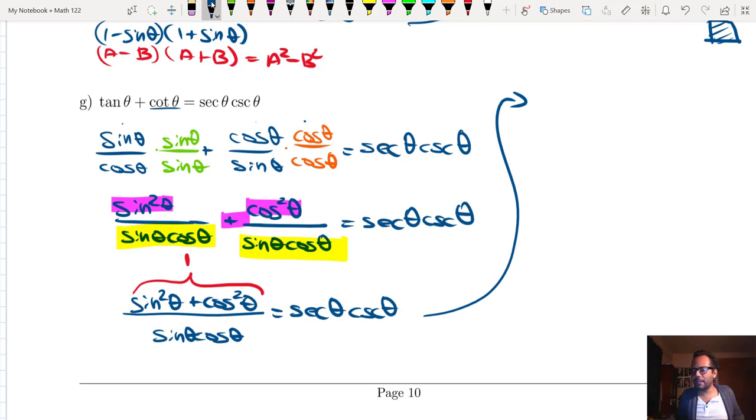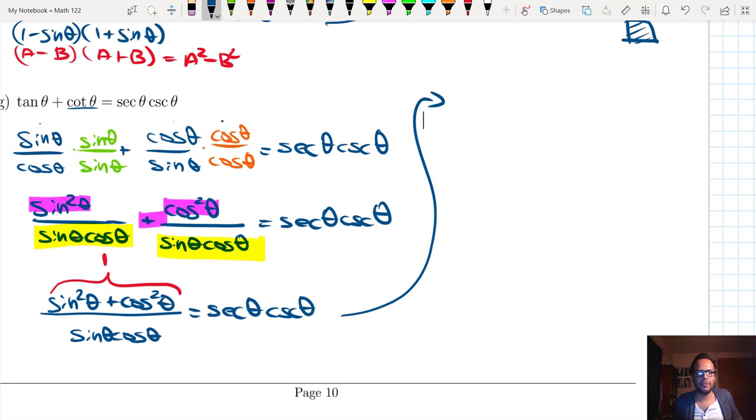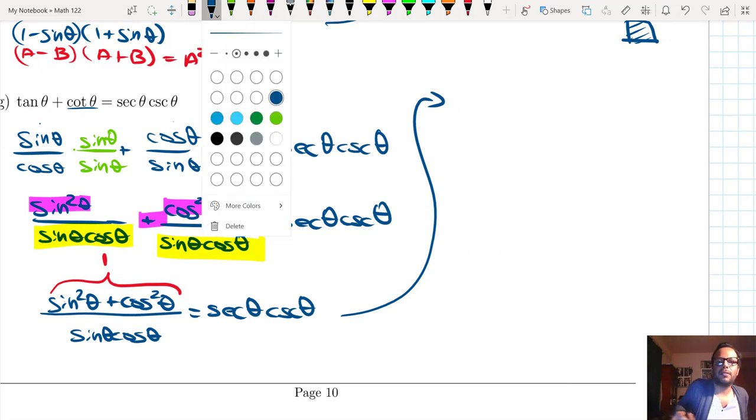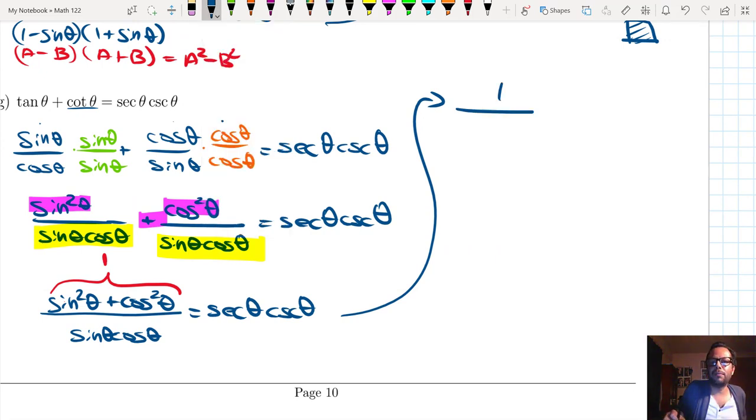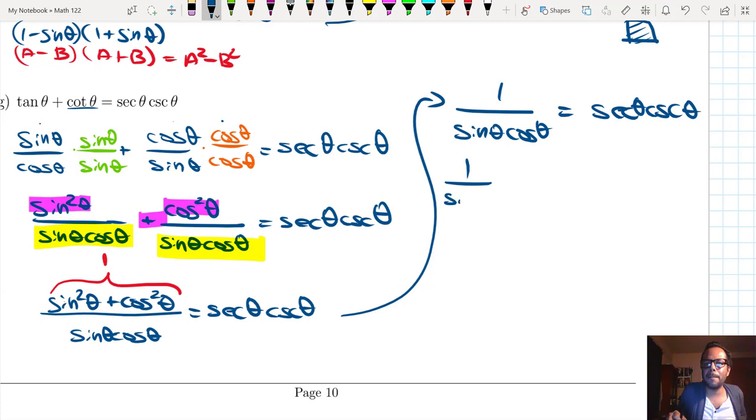And this is 1 divided by sine theta cosine theta, and that equals secant cosecant. This 1 over sine theta times cosine theta is the same as saying 1 over sine times 1 over cosine.